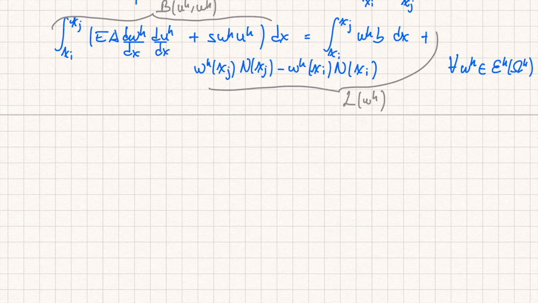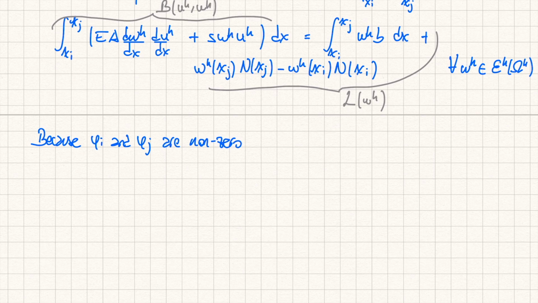So, because phi_i and phi_j are non-zero, now I look at only those two functions that are non-zero in the element, right? So I know that because of the Kronecker delta property, at this particular element, there are only going to be two functions that I need to include. Two, right? The one for node i and the one for node j.